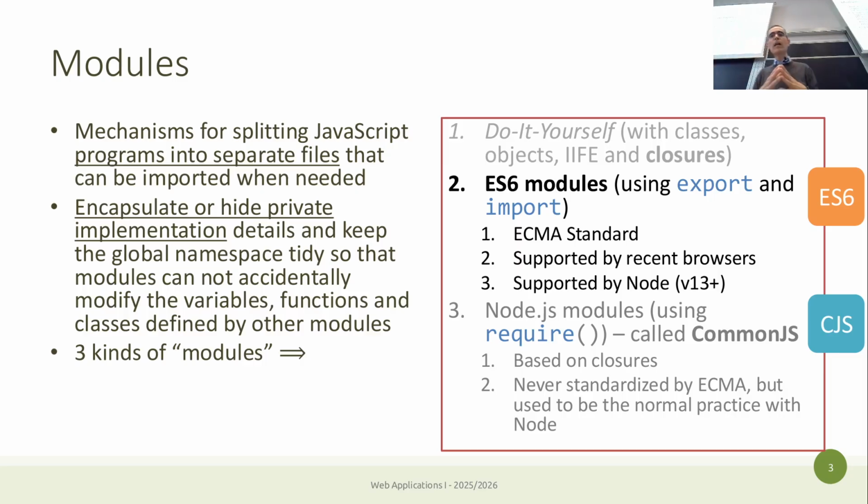There are three different ways to achieve this goal. One is the do-it-yourself approach, but I wouldn't call them modules, so it's just here for completeness. You remember the immediately invoked function expressions. In JavaScript, you open a function scope: you define a function, put whatever you want inside, close it, and call it, and everything goes into a closure.